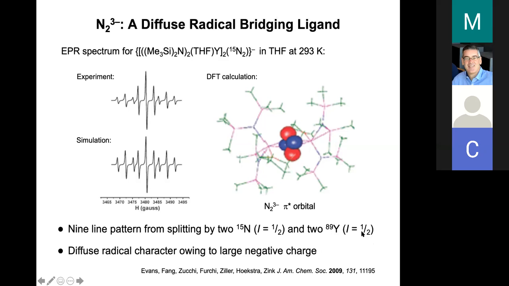The important thing is that with N2 3-, that spin is in a very compact molecule, just 2 nitrogen atoms, and you have a huge negative charge, 3-. And that means that this pi star orbital is extremely diffuse. The orbital character extends out significantly towards that lanthanide center and can even directly engage with orbitals on the lanthanide center.